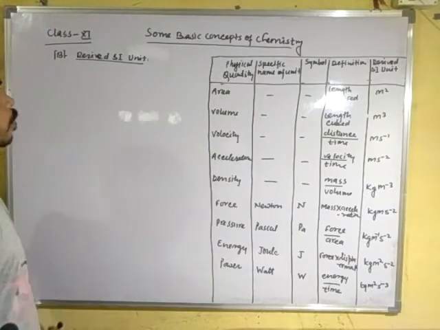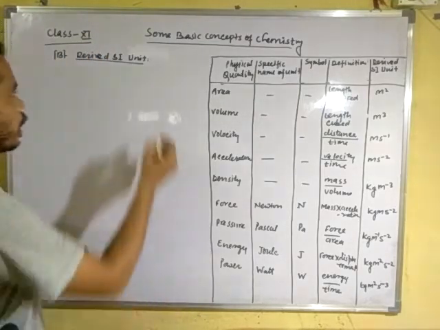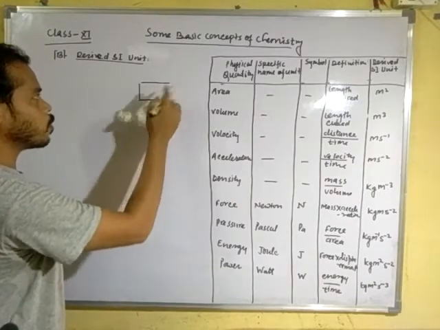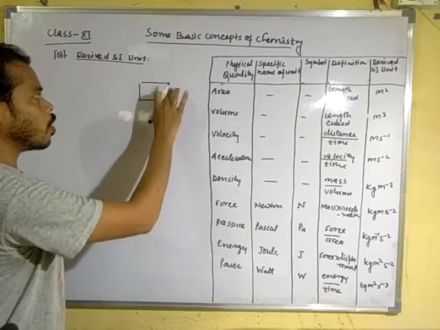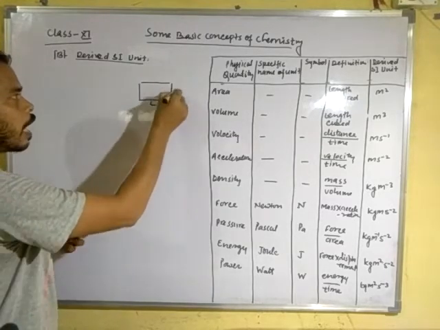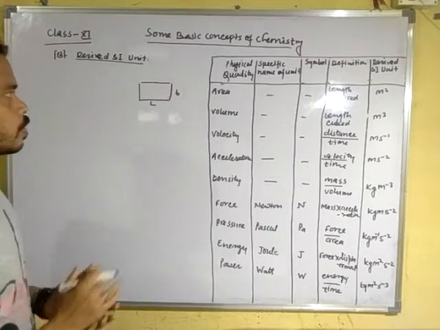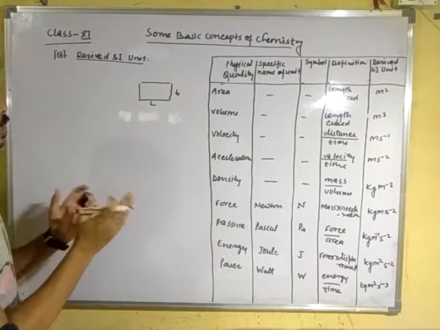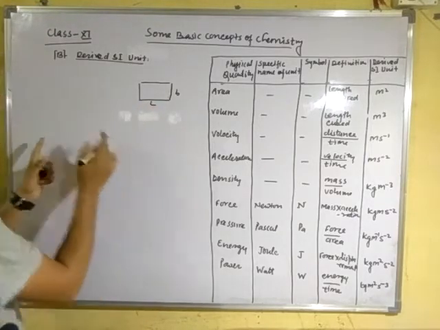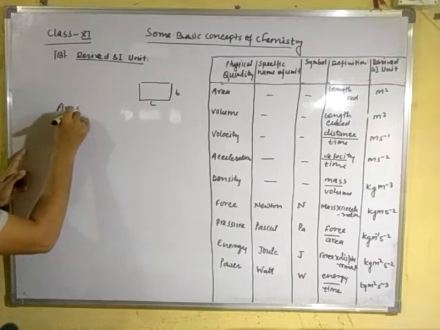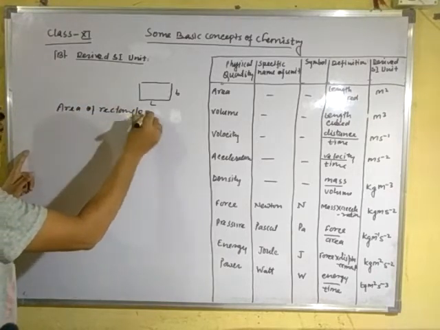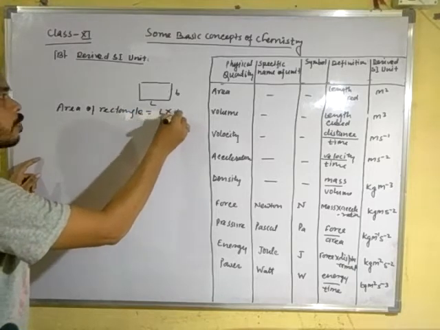Now, when we discuss area, suppose we have a rectangle and we have to find its area. In a rectangle there are two sides, length and breadth, and we know the area of a rectangle is equal to length into breadth.